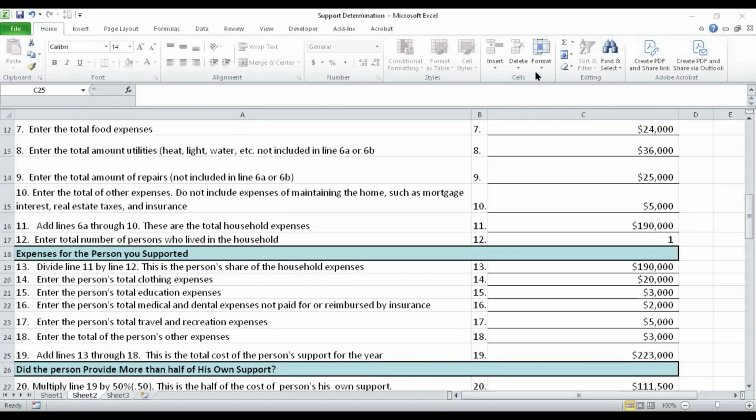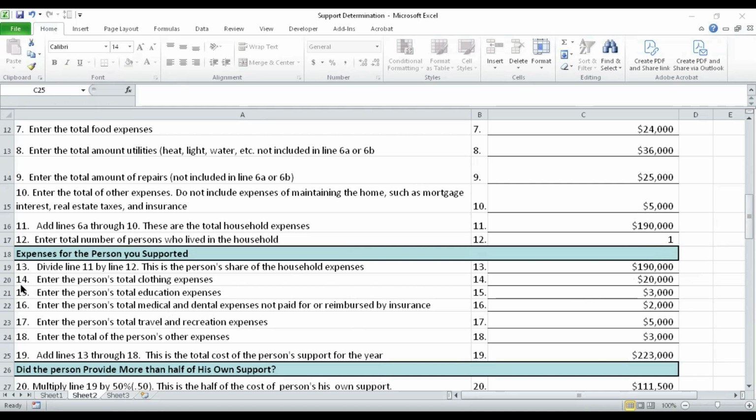Next, we'll figure out the father's total expenses for the year. His share of the expenses is 190,000. We get that by dividing line 11, which is the total household expense, by line 12, which is the total number of people living in the house. He's the only one living there. So we divide 190 by 1, and we get 190,000.